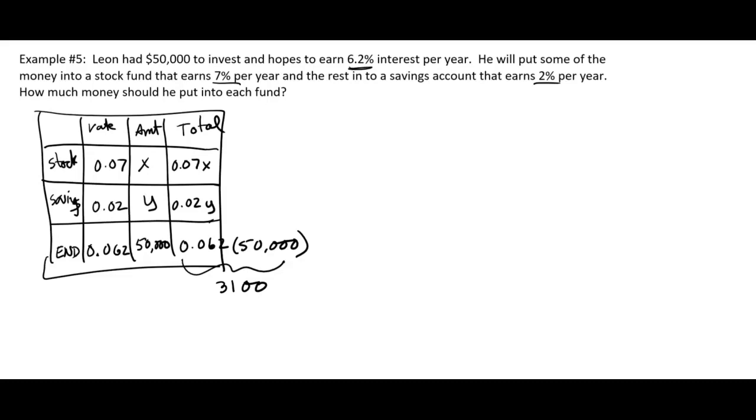Okay. So now we can start coming up with the equations. One equation is going to come from right here, that last column. So 0.07x plus 0.02y has to equal 3,100. Okay? I'm going to go ahead and multiply by 100 right now, just to get rid of the decimals. I prefer to get rid of them.